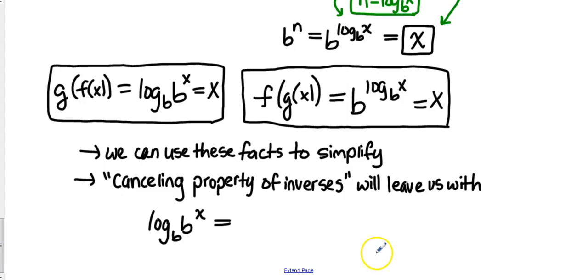So let's take a step back and look at what we're going to be left with. When we got to log base b of b to the x, algebraically we proved to ourselves that that equals x. So whenever the base and the argument are the same, we are left with the exponent.